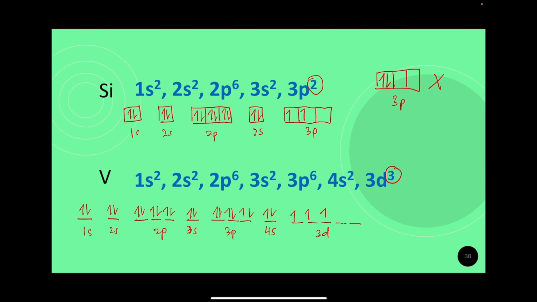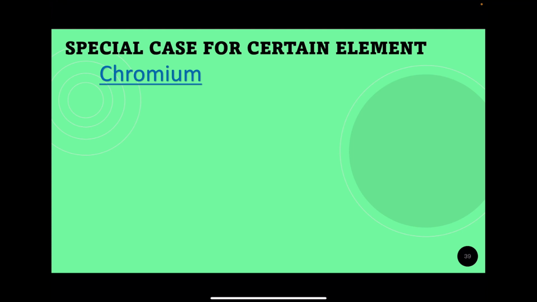Okay, next, another subtopic related to the special case for certain elements. In this subtopic, I will show a special case to draw the orbital diagram and to write down the electron configuration for certain elements. Okay, the first element is chromium.